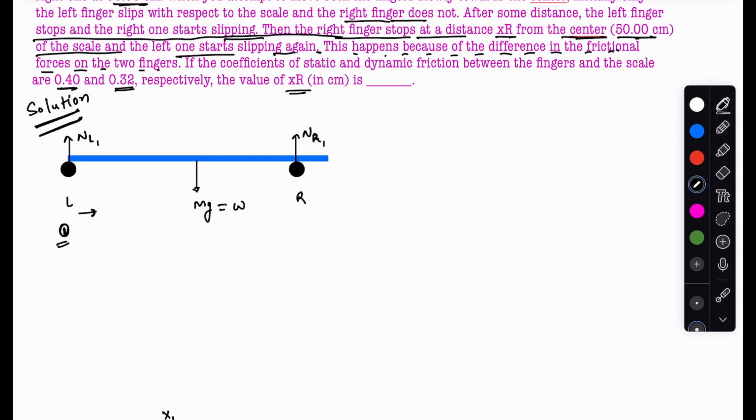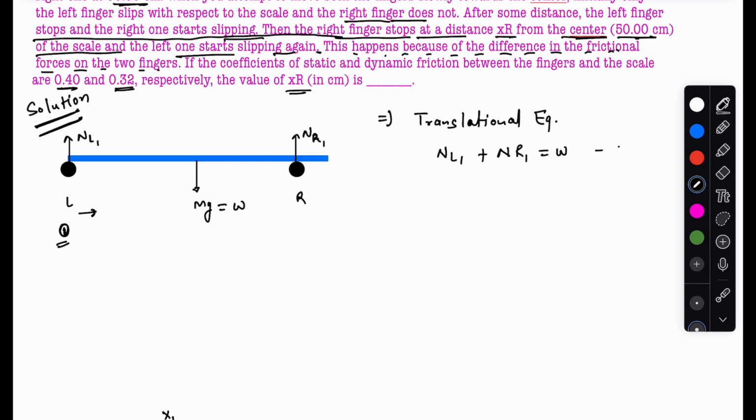So that's why one equation which you can form from the translational equilibrium is: in the y direction we have translational equilibrium, so you can say nl1 plus nr1 is equal to w.